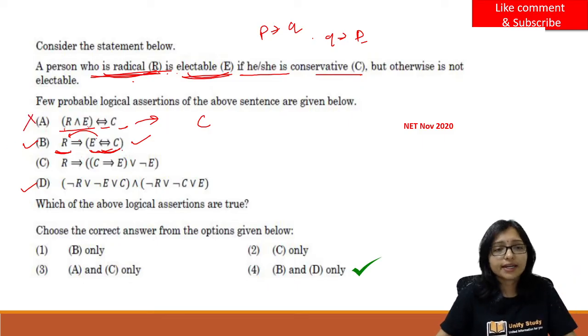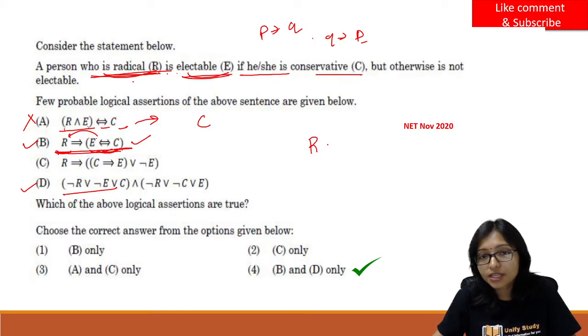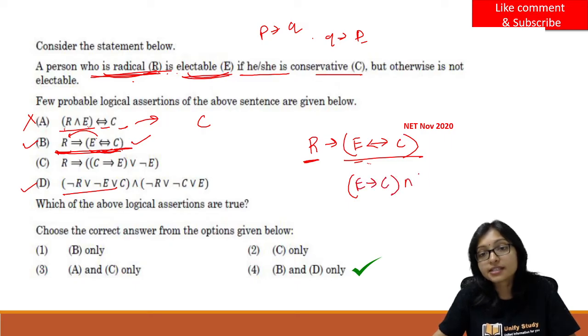Now ma'am, how to get D? See, it is actually the implication going on here. What is the implication? R implies E double implies C. So R implies the rest means this is your P, this is your Q. Inside the Q, what is it? Double implication means E implies C and C implies E. That is the meaning of double implication.